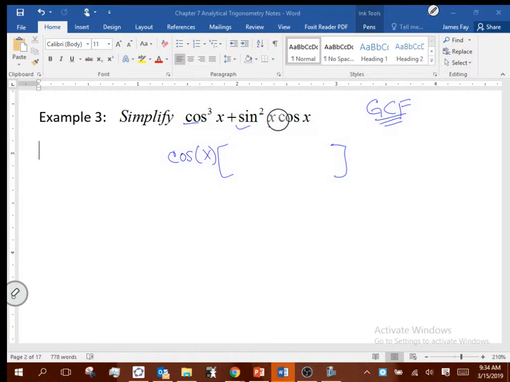And remember that dividing is the same thing as factoring. So I factor the cosine x out. That means I go through here and we divide every single term by cosine x. So what's cosine cubed divided by cosine to the first? Cosine squared. What's sine squared x cosine x divided by cosine x? Sine squared x. So the cosine's a factor of 1.